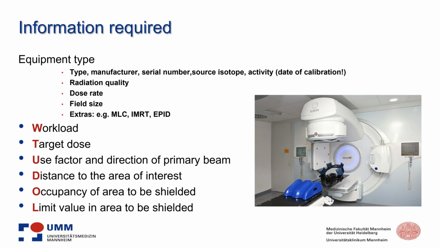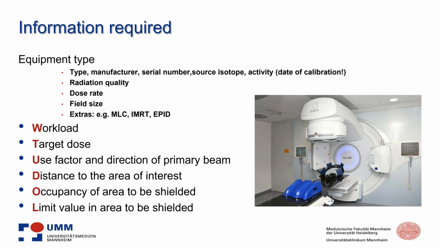Okay, so what is needed when we are talking about how to structure a radiation protection plan with the shielding for radiotherapy? Of course, you need information about the equipment type. In terms of a linear accelerator, the most important part is the highest energy.